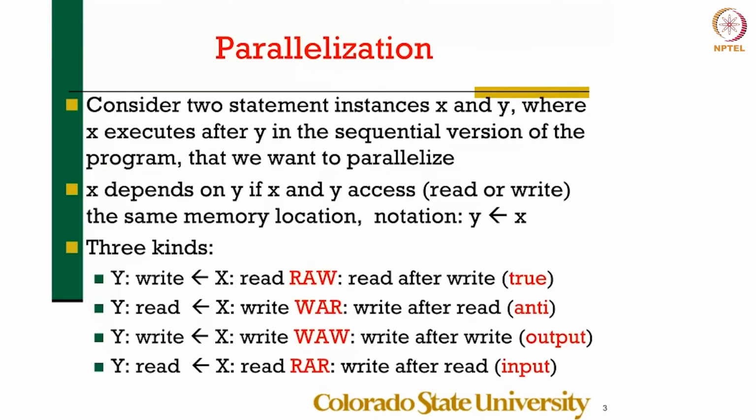Okay? All right. So you have seen all these things in some other context: dependencies between statements. If you have two statements, let's call them X and Y, where X executes after Y in the sequential version of the program, X depends on Y if they both access the same memory location and one of them is a write.